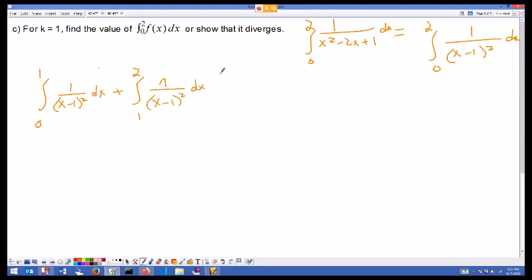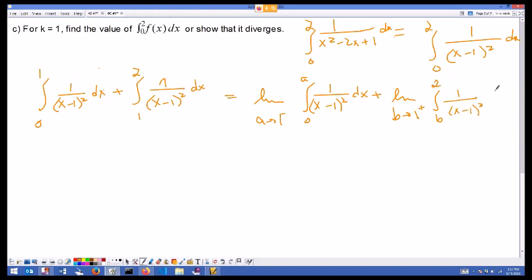Both of those are improper integrals, so we have to write them as the limit as a approaches 1 from the left of the integral from 0 to a of 1 over (x minus 1) squared dx, plus the limit as b approaches 1 from the right of the integral from b to 2 of 1 over (x minus 1) squared dx. Everybody good so far?